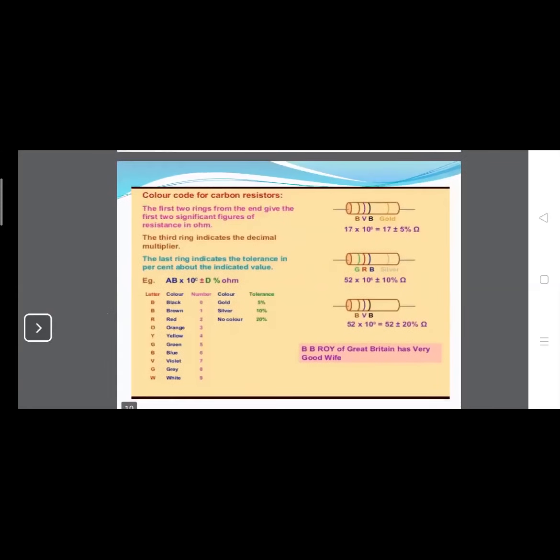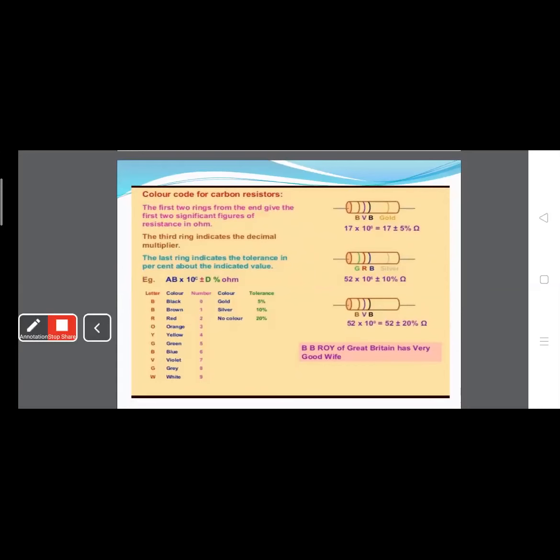Okay. So this was about finding the resistance of a carbon resistor by color coding. So there are 2 types of color coding. In the first color coding, we discussed 3 rings, 4 rings. The first 2 rings give the first two significant digits, the third gives the decimal multiplier, and the fourth ring shows the tolerance.